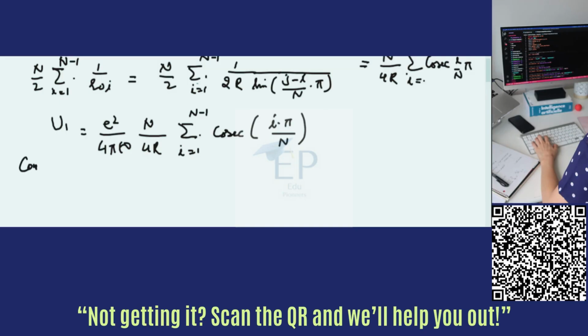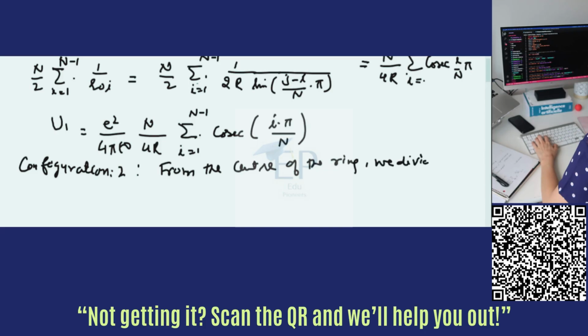Now for configuration 2, from the center of the ring we divide the circle into n minus 1 angles having value 2 pi upon n minus 1.